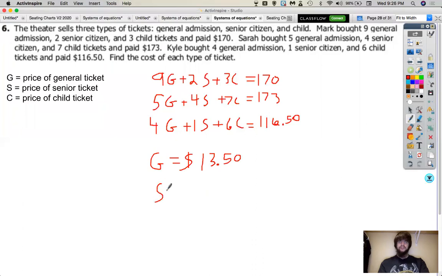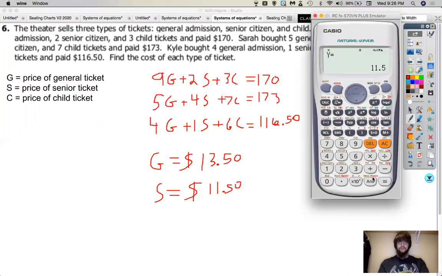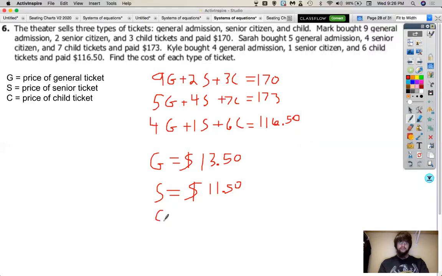The senior citizen costs $11.50. Ooh, $2 savings. Child more expensive. $8.50. I guess they eat all the candy, so they ain't going there.